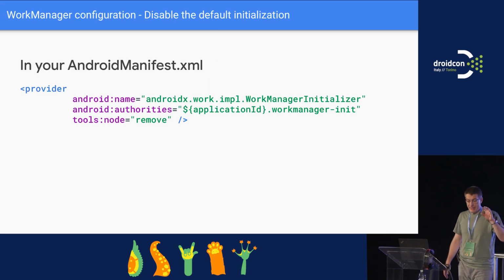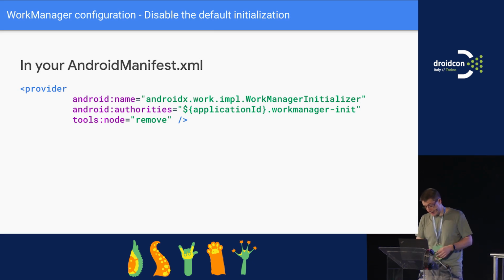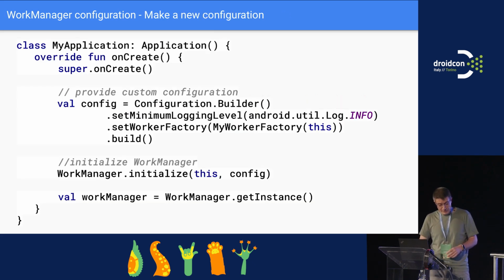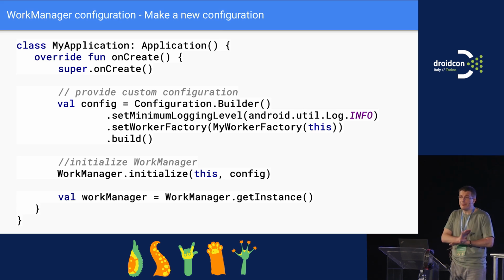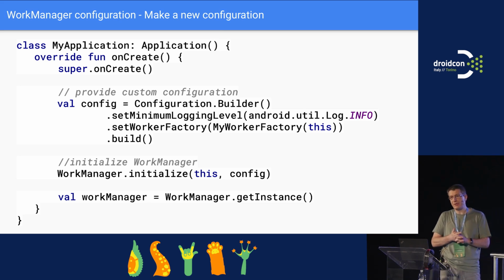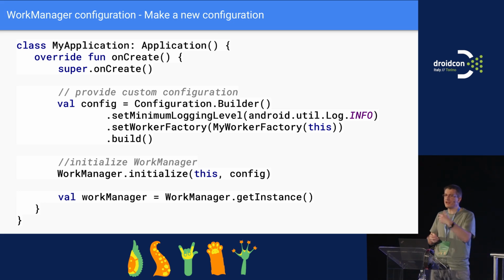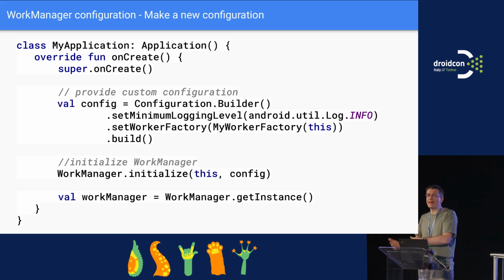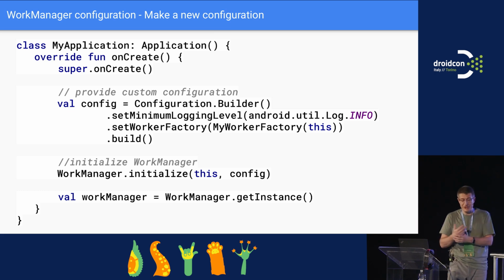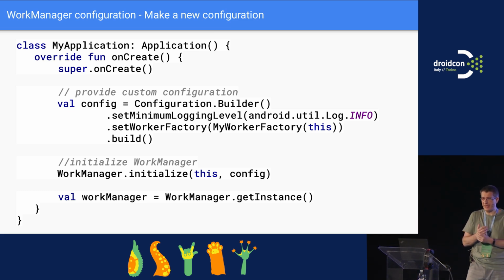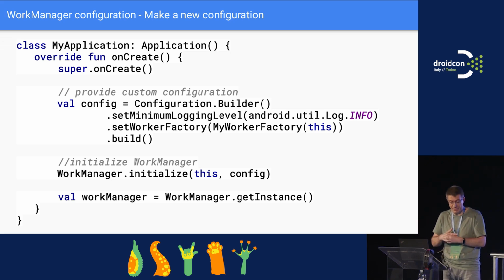In this case, you need to disable the default initialization inside the Android manifest with a node remove. And then in the entry point of your application, I'm putting here the application onCreate, but if you have a broadcast receiver and your application can start from there and call WorkManager from there, you need to initialize WorkManager even from that path.